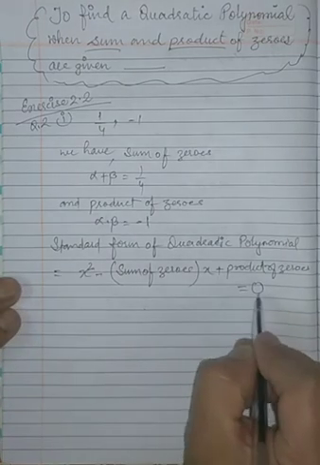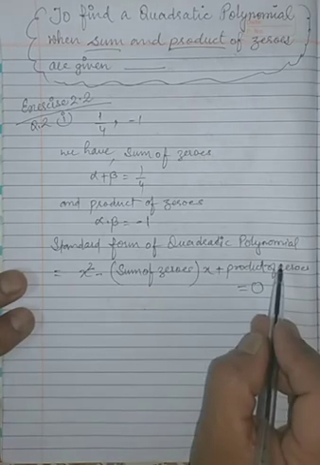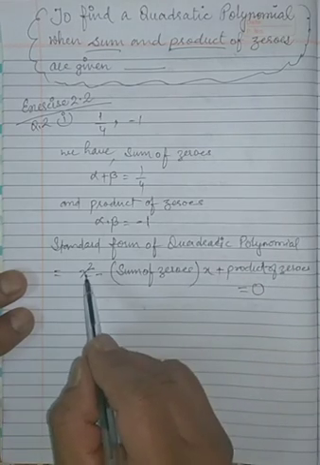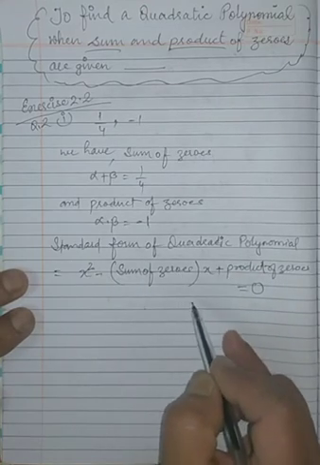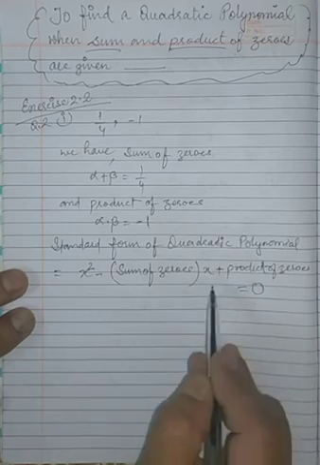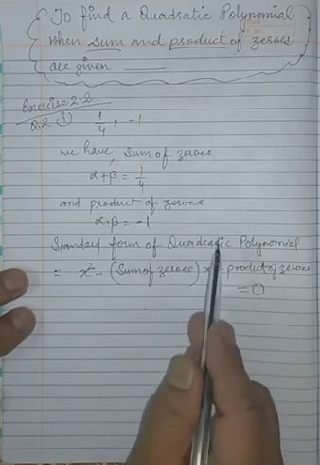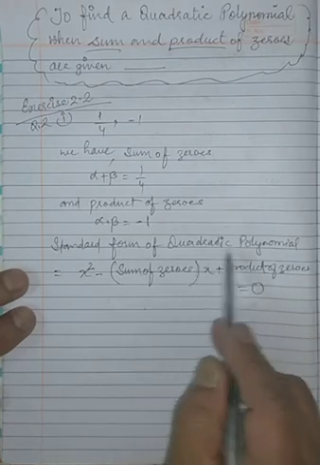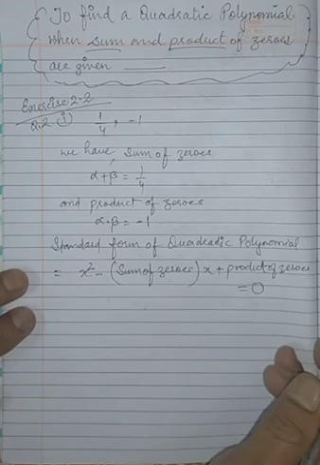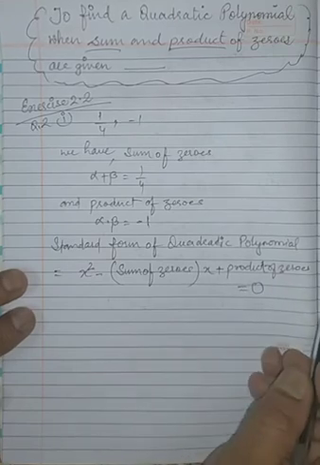This equal to 0 has been used to define the polynomial in case out of the values a, b and c, if we have any rational value, then to simplify that we can use this equal to 0. Otherwise, while reporting the answer for a quadratic polynomial, equal to 0 will not be used because a polynomial does not contain equal to 0. If we use equal to 0, it becomes a quadratic equation.